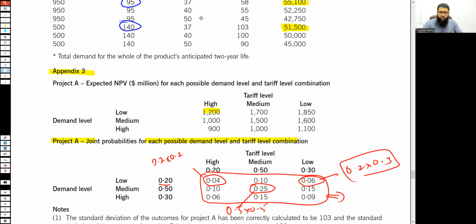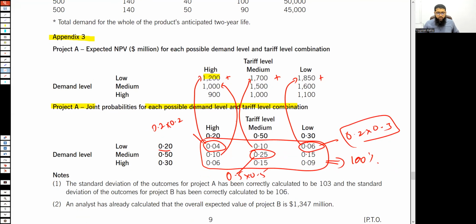This is all going to be 1, right? This is all 100%. So what are you simply going to do? You're going to say this multiplied by this, plus this multiplied by this, plus this multiplied by this, and so on and so forth. Can you just calculate the expected NPV, please?